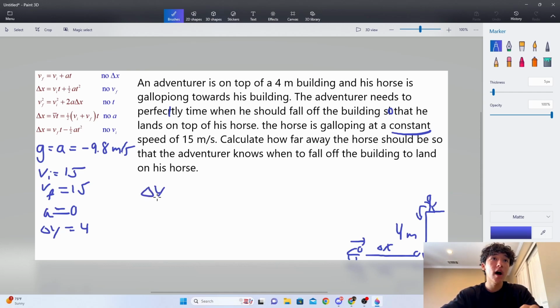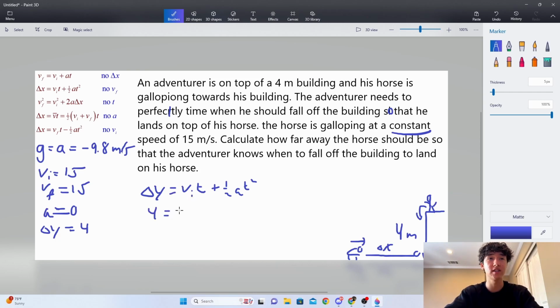So change in y is equal to VIT plus 1/2 AT squared. We're going to use this equation because we're talking about the person, right? So this is super easy. We don't know the final velocity of when the person is about to hit the ground, but we know that the adventurer is on top of a building, so his initial velocity falling down is 0, right? So the distance from the ground is 4.